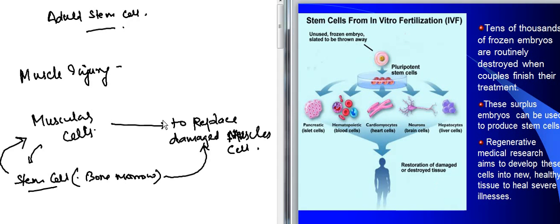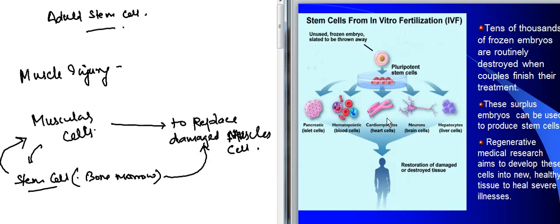You can see a pluripotent cell here, and they can form pancreas, hematopoietic cells, cardiac muscle, and the nervous system can also be replaced. Hepatocytes, meaning liver cells, can also be regenerated.